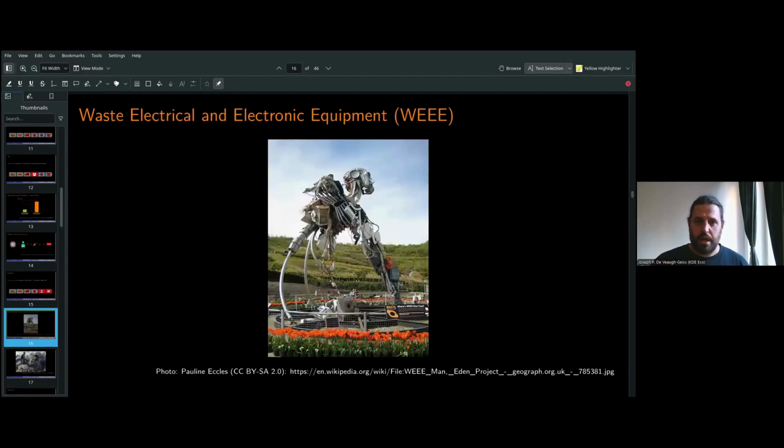Here's an illustration of the e-waste produced by a single British citizen in their lifetime. This is a statue called the Waste Electrical and Electronic Equipment Person. It represents 3.3 tons of electronic waste, a 7 meters tall statue, that a single individual produces in their lifetime.